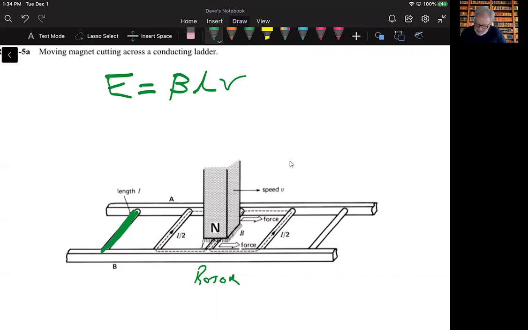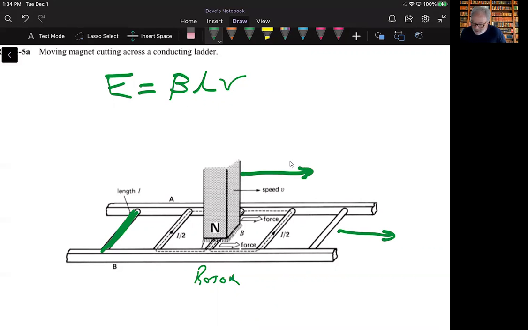The relative speed is what we should be talking about: the speed of the moving magnetic field in relation to the bars.